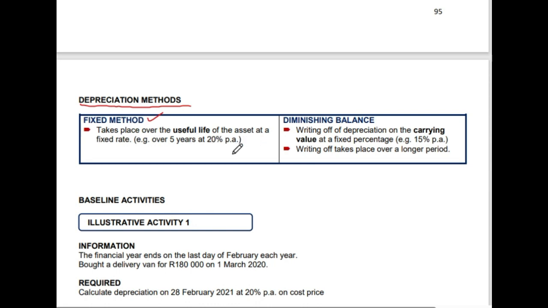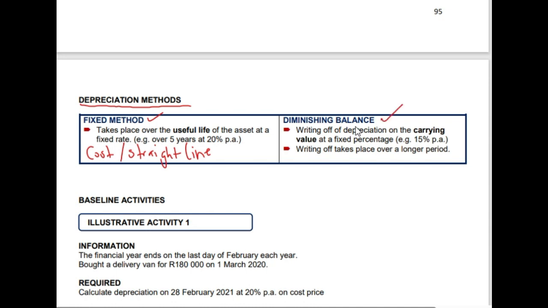Under the fixed method we are talking about cost, also called a straight line. So the fixed method is a cost method, or a straight line.